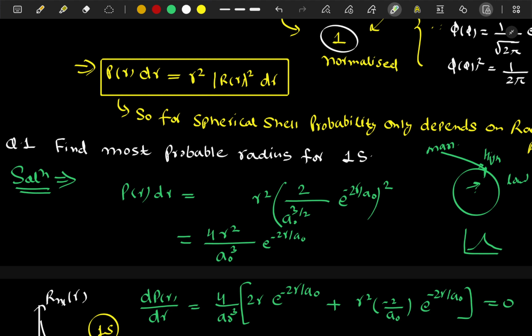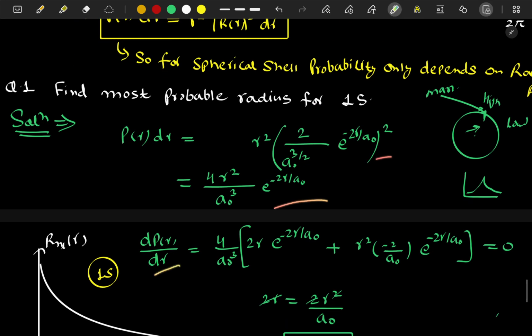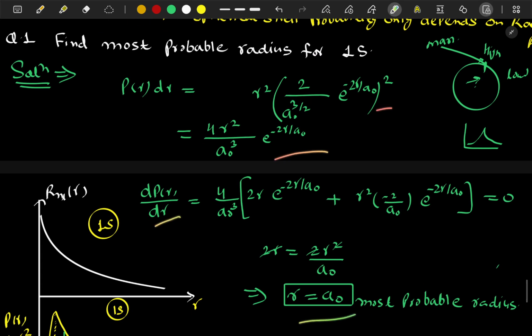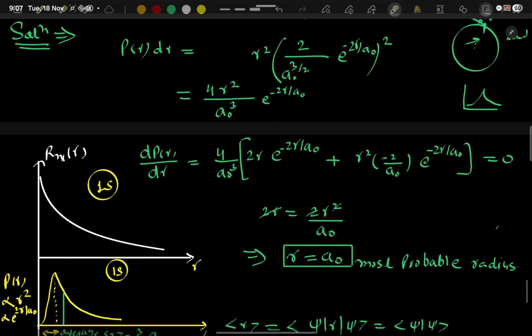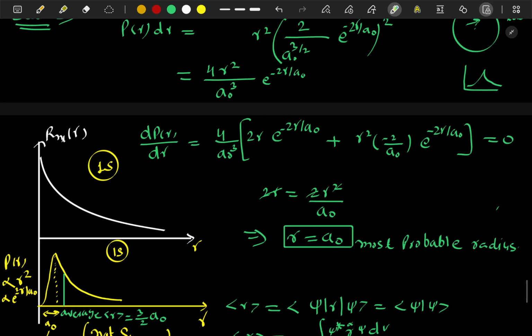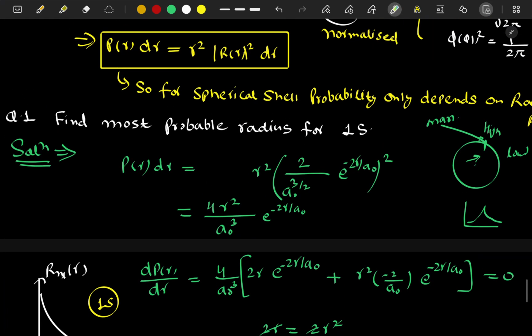When you square it, you get 4 upon a naught cubed e raised to minus 2r upon a naught. Differentiating with respect to r and making it equal to 0, we get r equal to a naught. So at the Bohr radius, we get the most probable state. Got it?